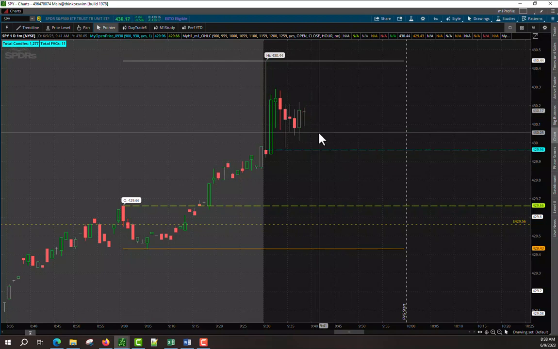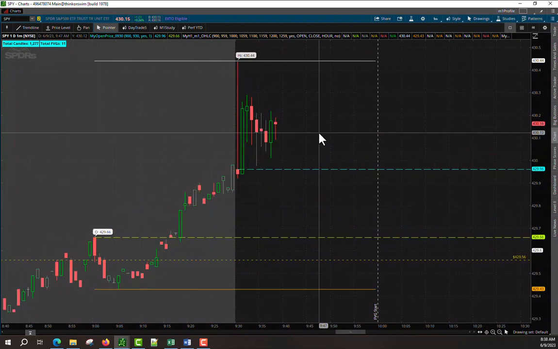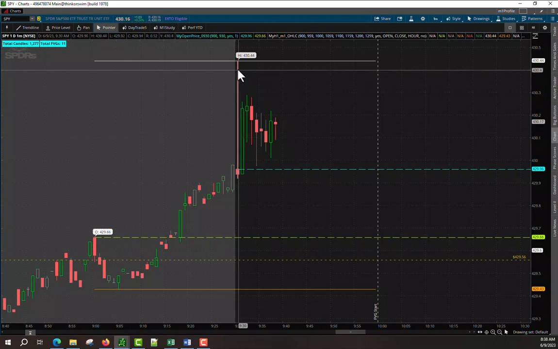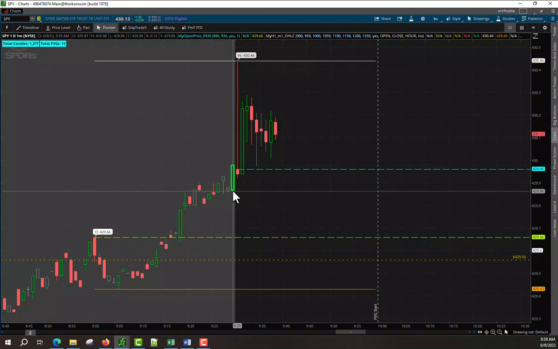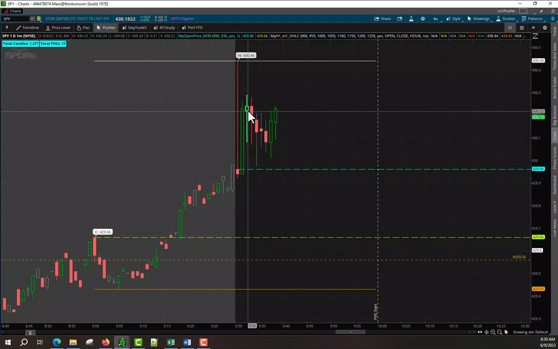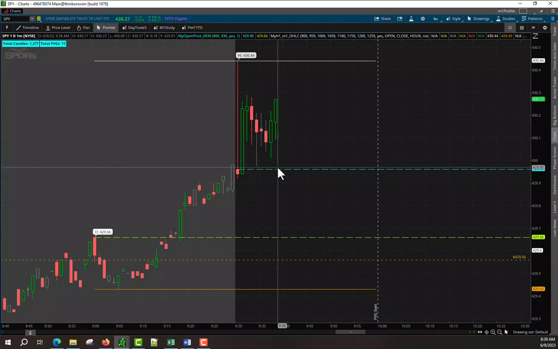So basically, is this bullish or is it bearish? I think you can see an order block, another order block with a propulsion block right there, another propulsion block right there. Okay.